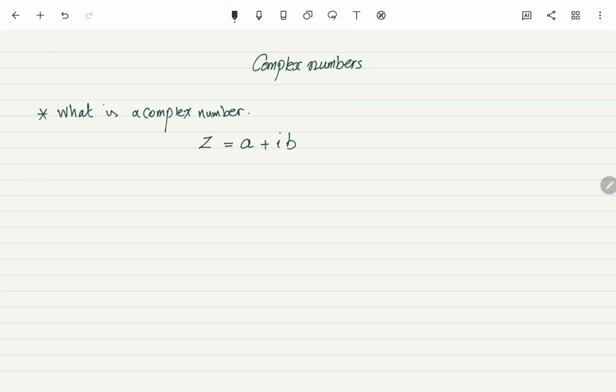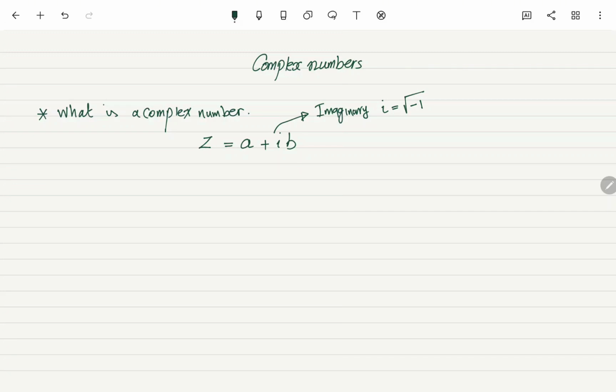And in this case here, i stands for imaginary and i is equal to square root of -1.